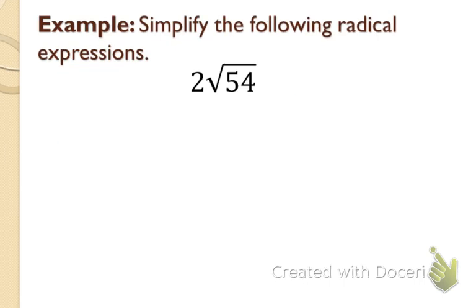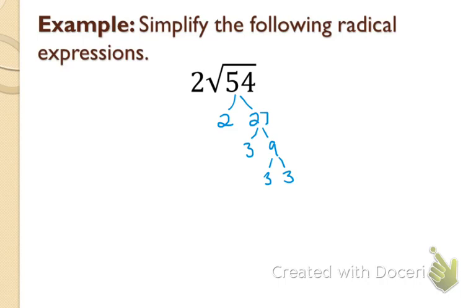And finally, simplify the following radical expression. The difference between this one and the rest is this has a coefficient in front of the radical. So, nothing different. We still break up the 54. This time I'm going to use 2 and 27. 27 we can use 3 and 9. 9 we can use 3 and 3.